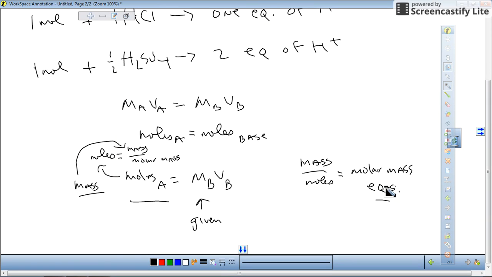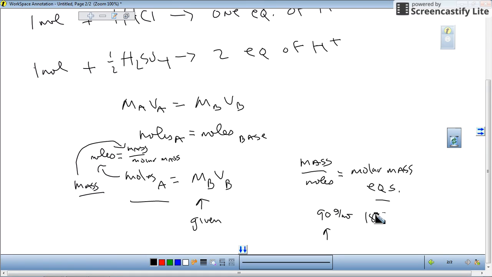Now, the molar mass in equivalence means it's going to be some multiple of the real molar mass. So you're going to have a list of a bunch of acids near your melting point. And let's just say, for example, this comes out 90. Then your material would have to be some multiple of this. So it's either going to be exactly 90 grams per mole, or 180 grams per mole, or 270 grams per mole.